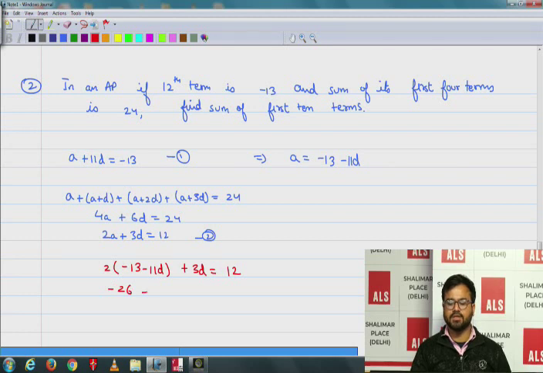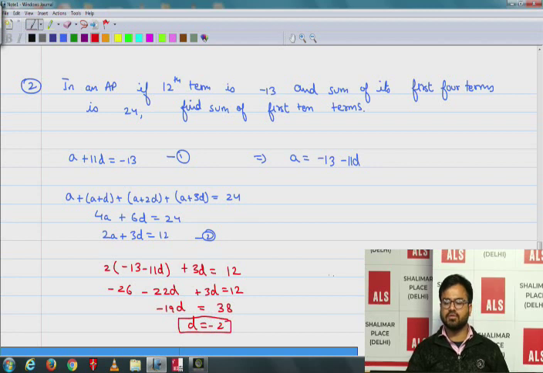So it is minus 26, so it is minus 19d is equal to 38. So d is equal to minus 2.